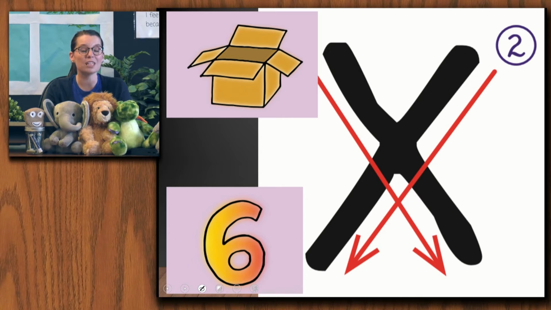We're going to listen for X at the end of a word instead of at the beginning. But I think we can handle it. X says X, like box and six. X. X says X, sound X.